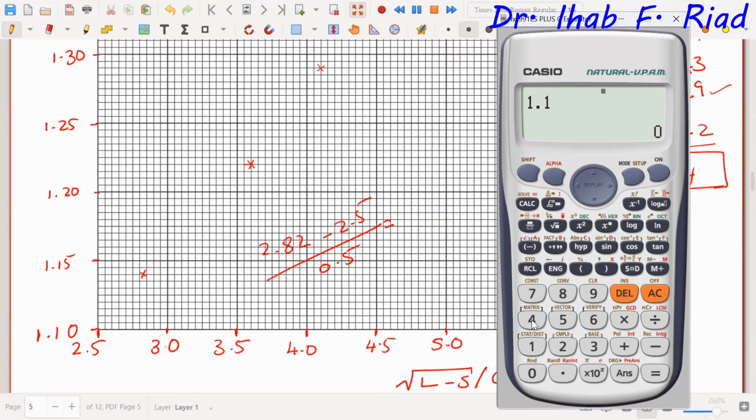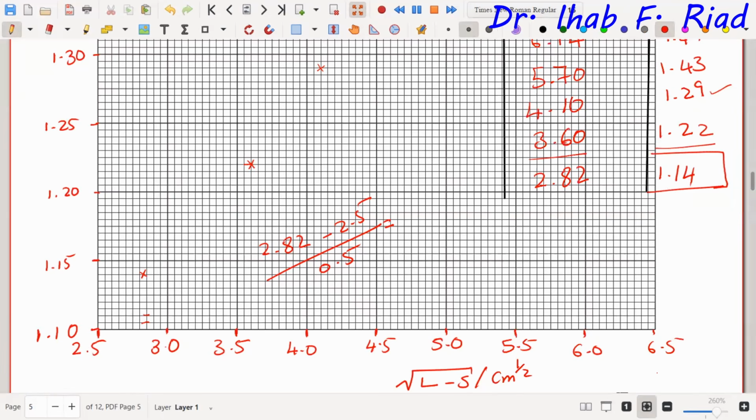For the y, 1.14 minus 1.1 divide 0.05. 8 squares: 1, 2, 3, 4, 5, 6, 7, 8. We are good.